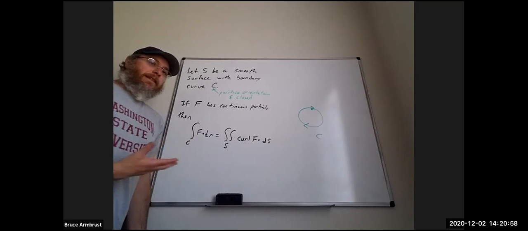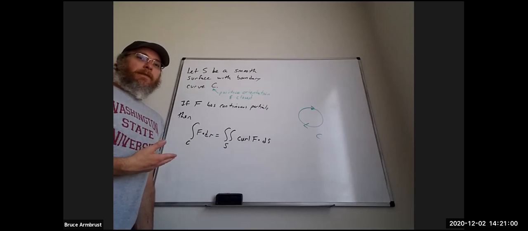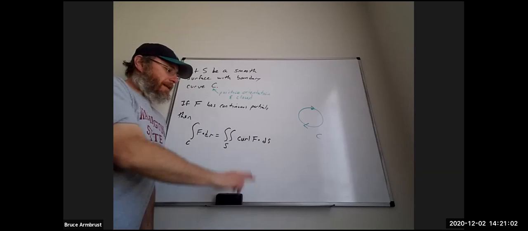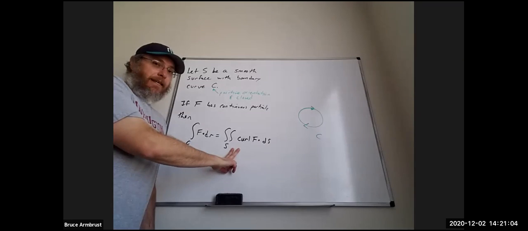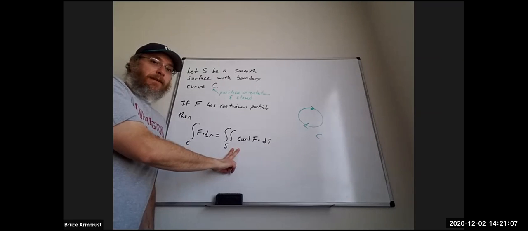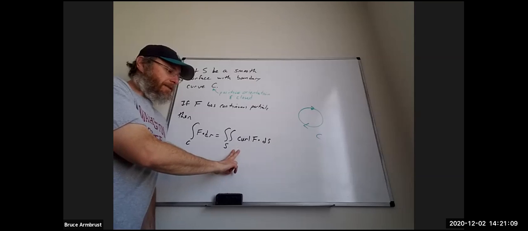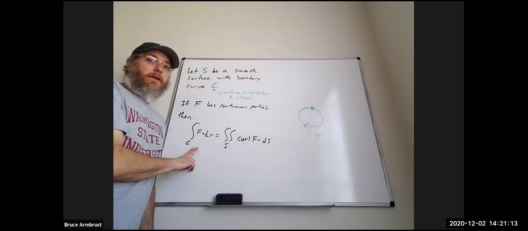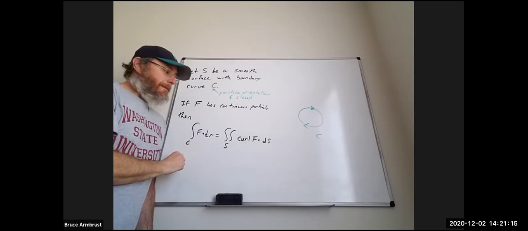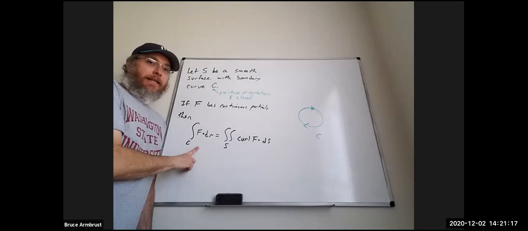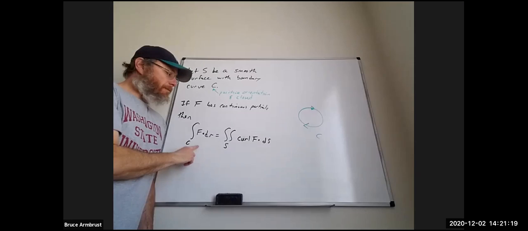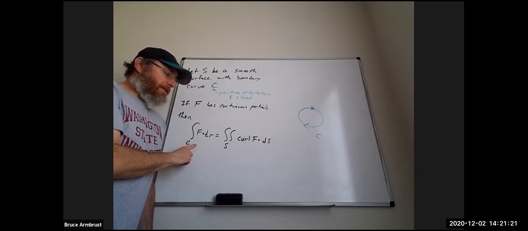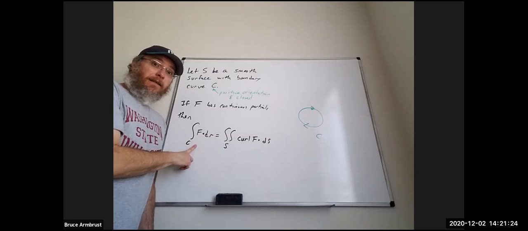So the reason that this is a nice theorem is it makes it so that we can take some really gnarly surface, and instead of dealing with its surface integral, we just look at its boundary. Or alternatively, let's say we want to do a line integral, but the field is such that doing this integral is kind of a pain.